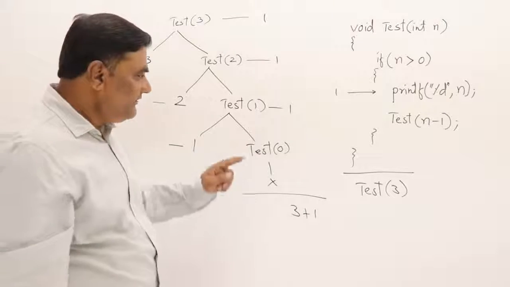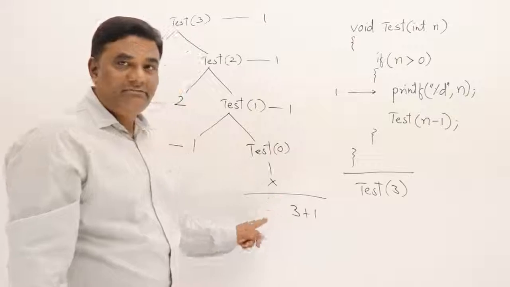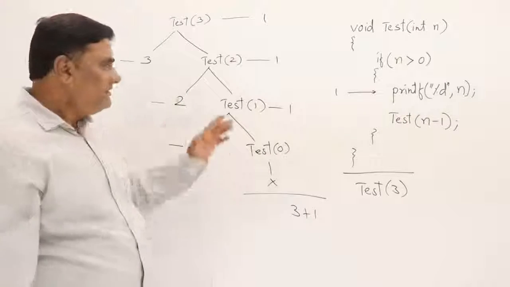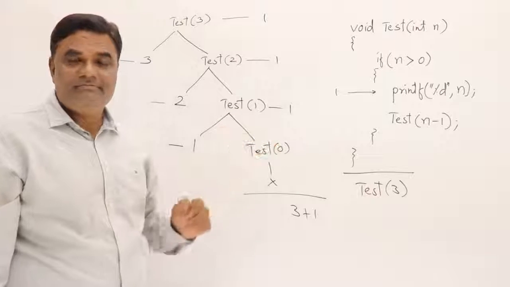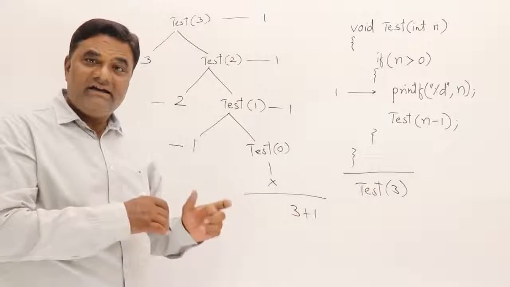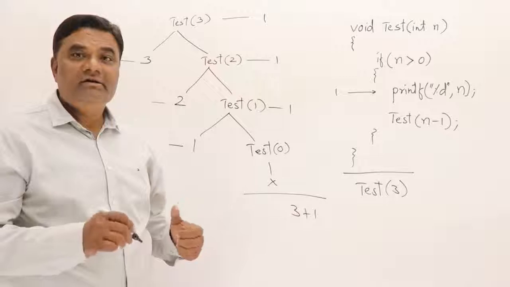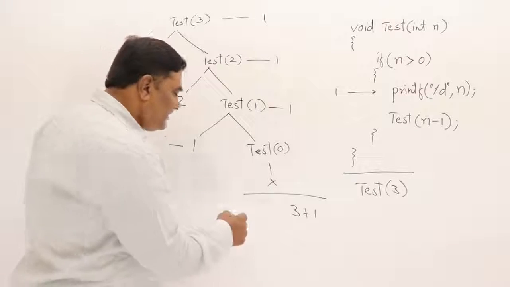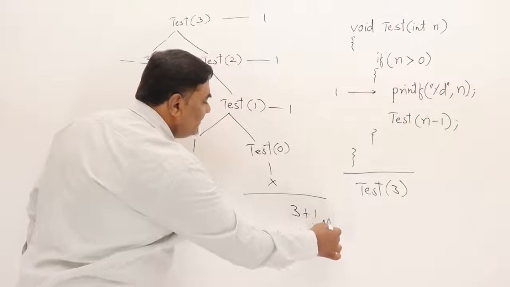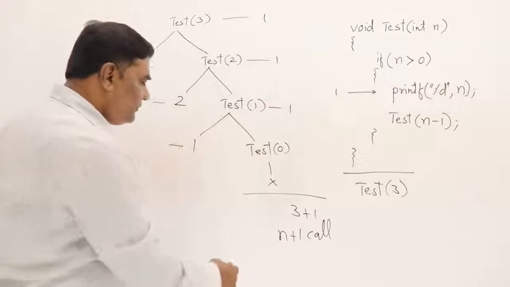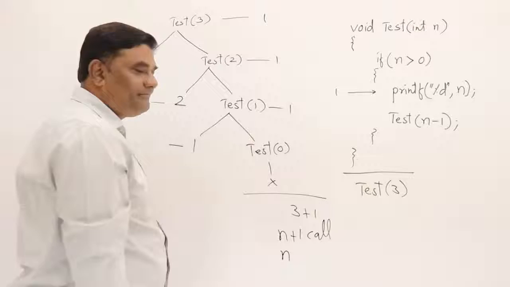It means if I pass 5, then it will be 5 plus 1 calls, and 5 is the number of times it will print. So if I pass n, it will make n plus 1 calls, and printf is executed n times.